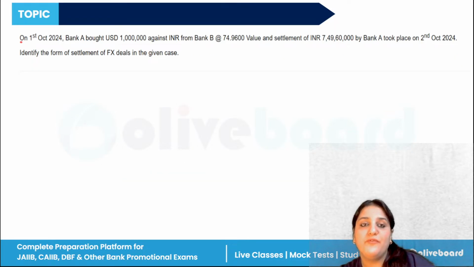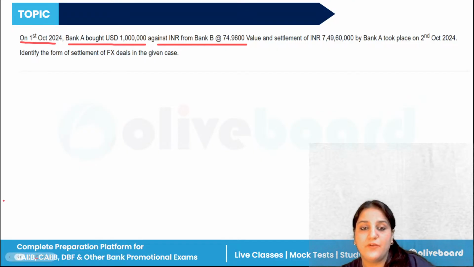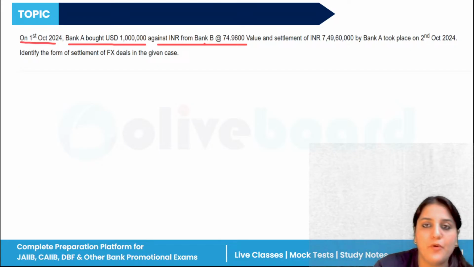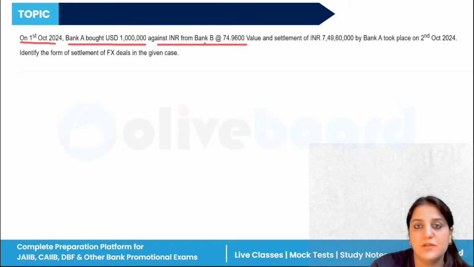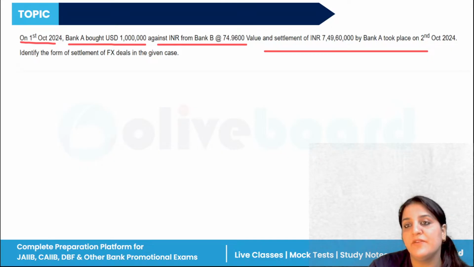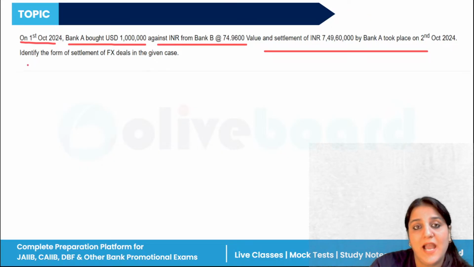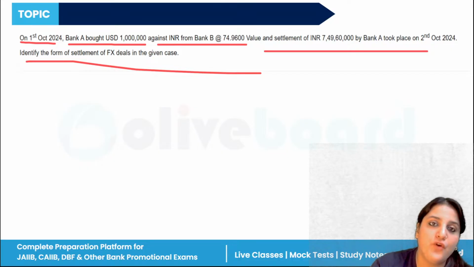So on October 1st, Bank A bought US dollar 1 lakh against INR from B at 74.9600, and the value of settlement is taken by Bank A. Just identify the form of settlement of FX deals given in that case.